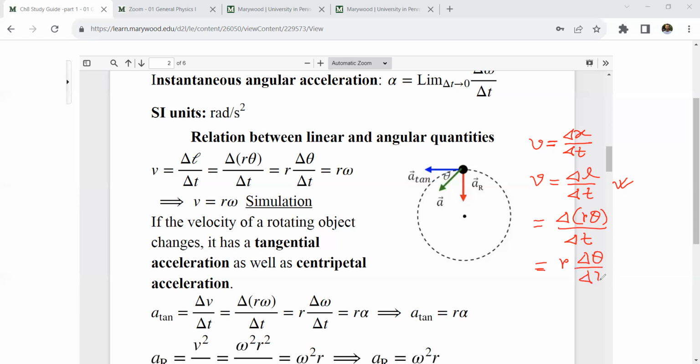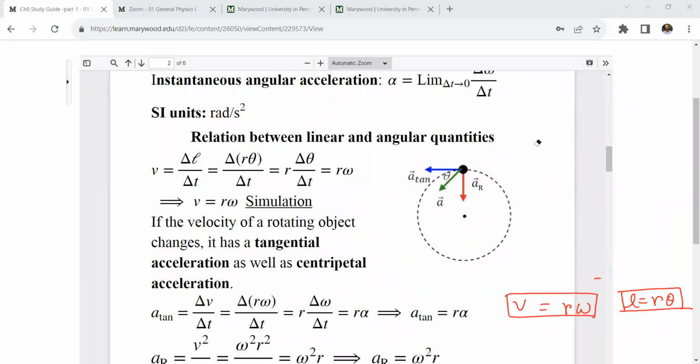Then our equation is r delta theta over delta t, and delta theta over delta t is omega, right? So you see that v equals r omega, very similar to L equals r theta. This gives us the relationship between the linear velocity and angular velocity.